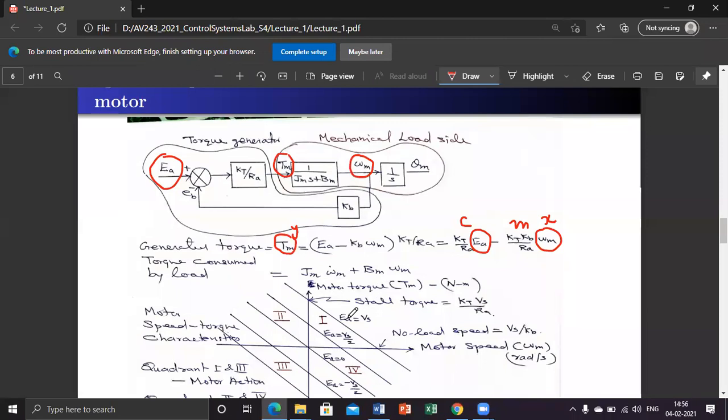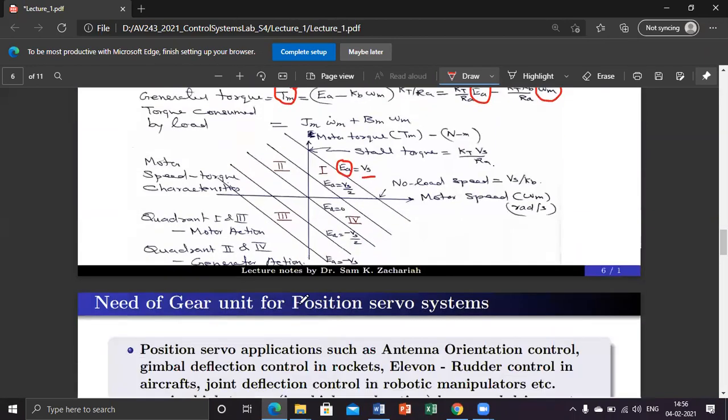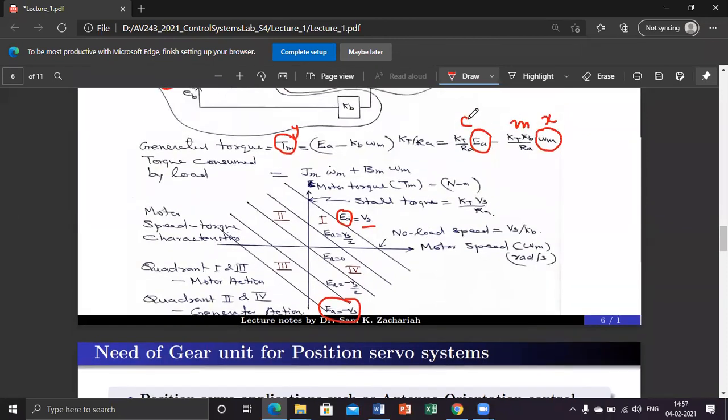That is why this Ea can take a maximum value of plus Vs and a minimum value of minus Vs. And while you are varying this value of Ea from plus Vs to minus Vs, effectively you are changing the intercept c, that is Kt by Ra into Ea.